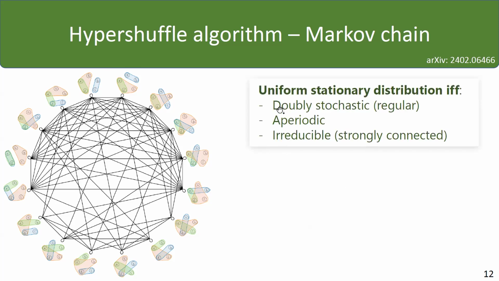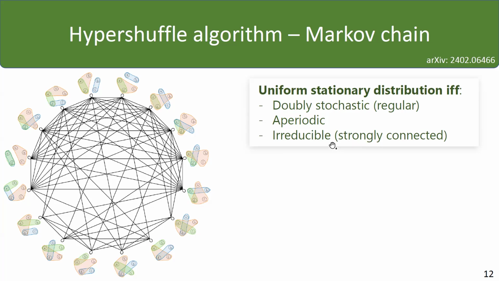So we want our Markov chain to have a uniform stationary distribution. And that's the case if these three properties hold. So the Markov chain needs to be doubly stochastic, which is some kind of regularity condition on the nodes or on the states. This is easy to show that it's true. It needs to be aperiodic, which is also true because there are these self transitions. I won't go into too much detail there.